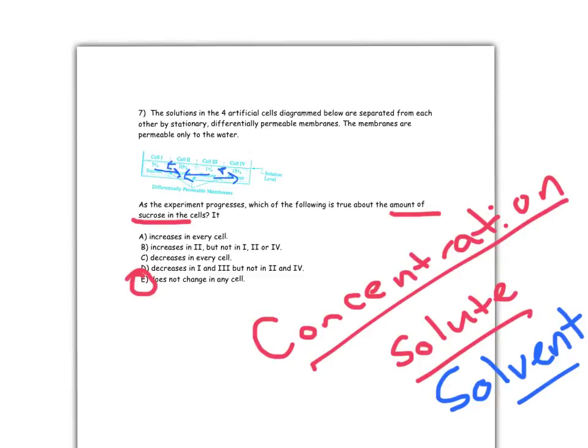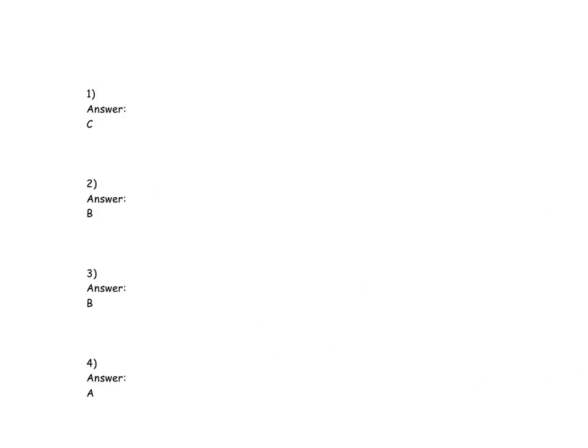So what would end up happening is at some point all the cells would have the same concentration. The solvent would move until all of them had an equal concentration. But the amount of solute does not change. Trick question. The answer's over here, so you can check them.